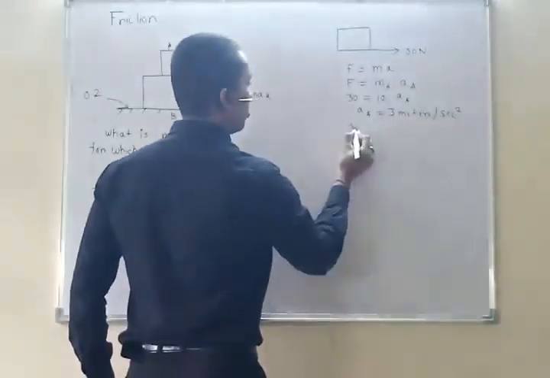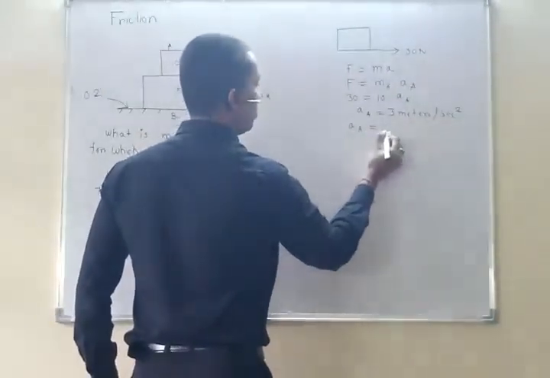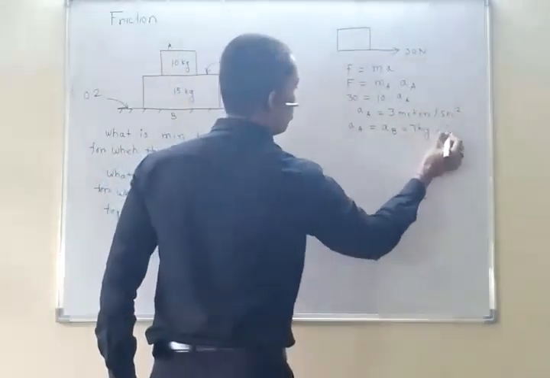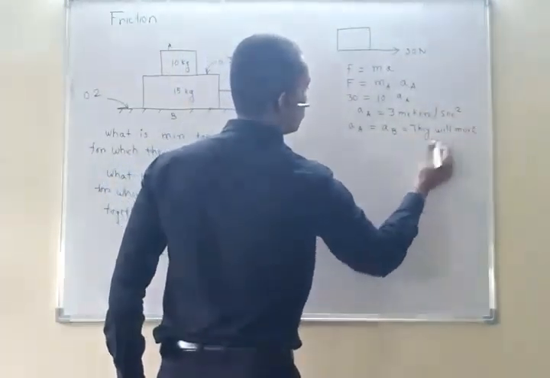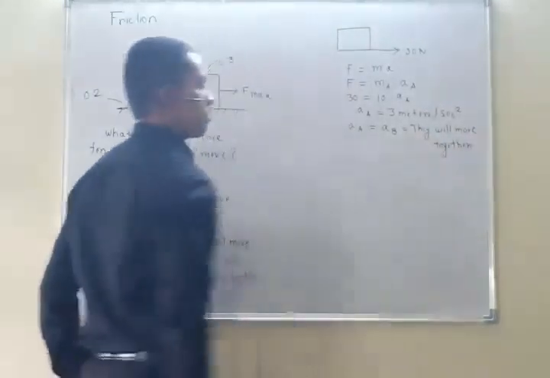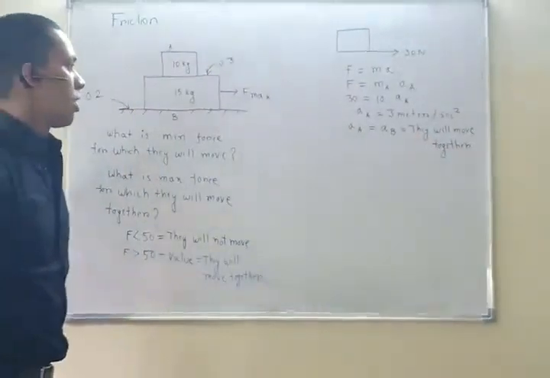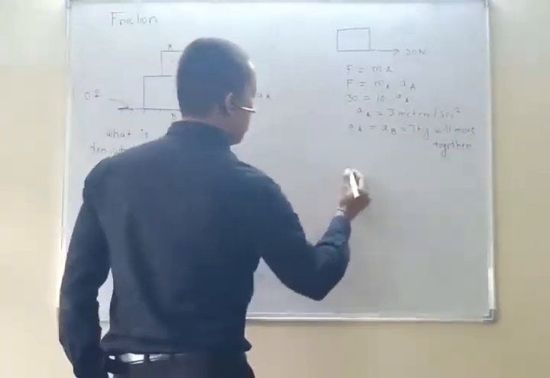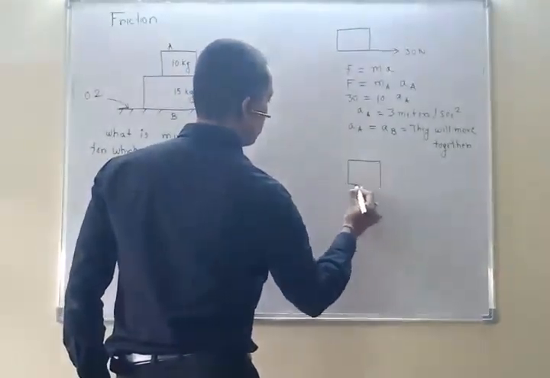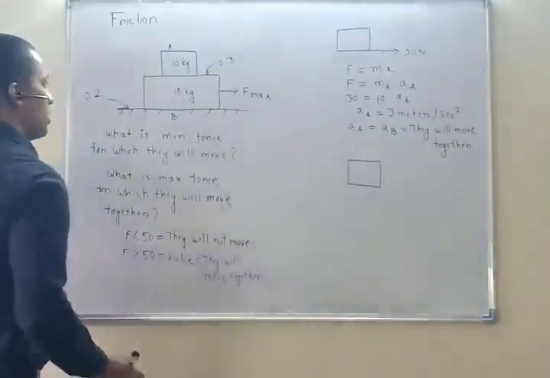Till that point, acceleration of A is equal to acceleration of B, and they will move together. Clear? After that, see what is the resistance in this direction.